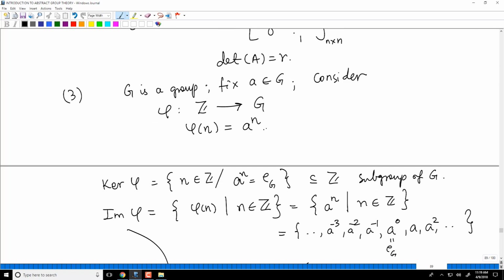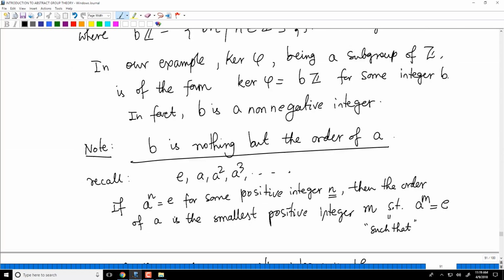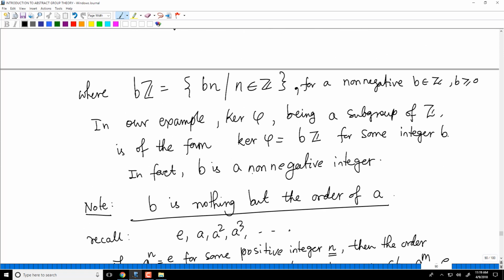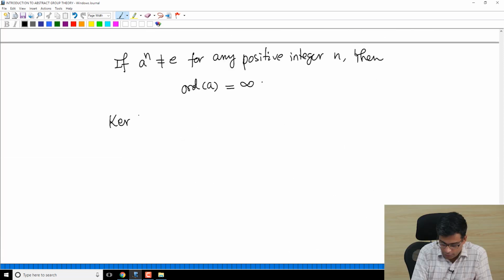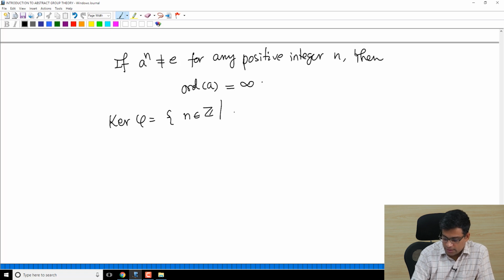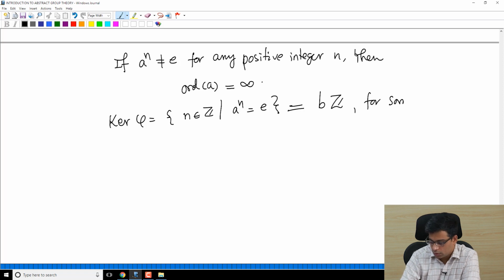Now I claim that, looking at the group homomorphism which sends integer n to A power n in a group G, we noted the kernel is of the form bZ, all multiples of b. The kernel of phi is all integers n such that A power n is identity, and we saw that it is bZ for some non-negative integer b.